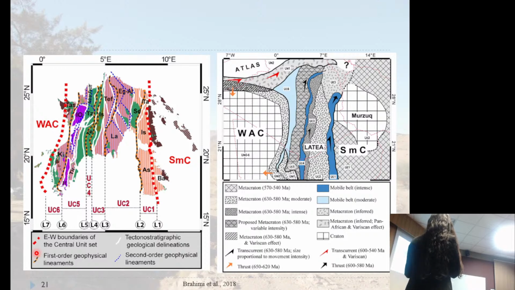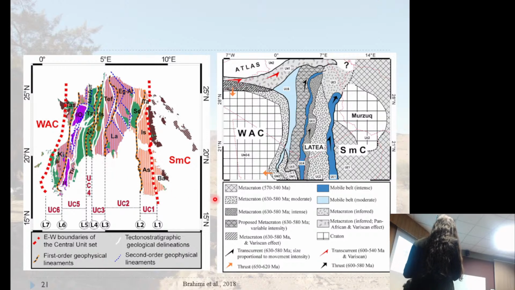What coincides, though, is that you have these big limits that are actually even recognized in the geophysics, and these are potential field methods that were done here. And then you have first order geophysical lineaments, which are here, right?